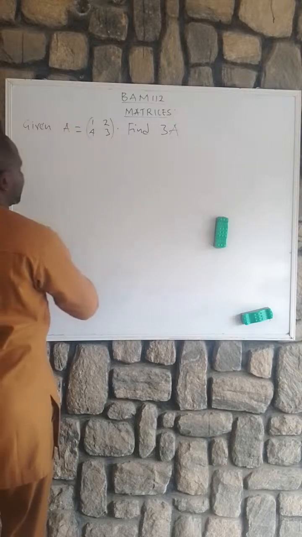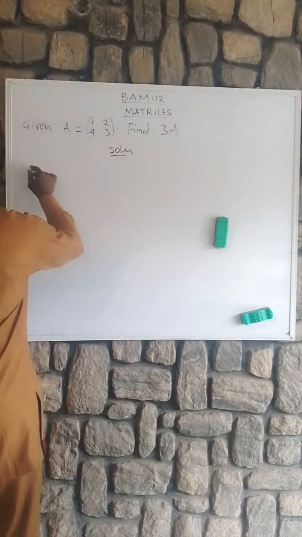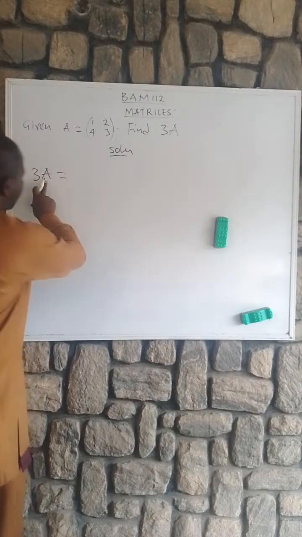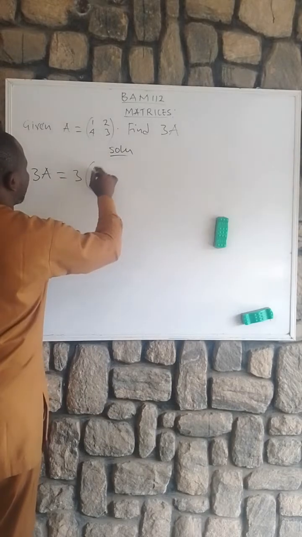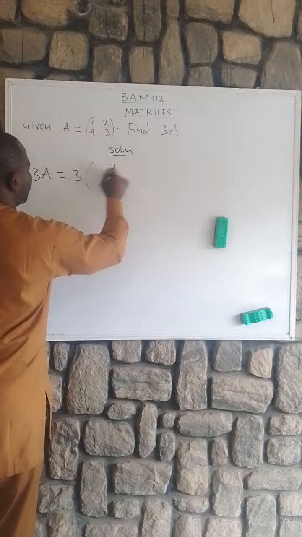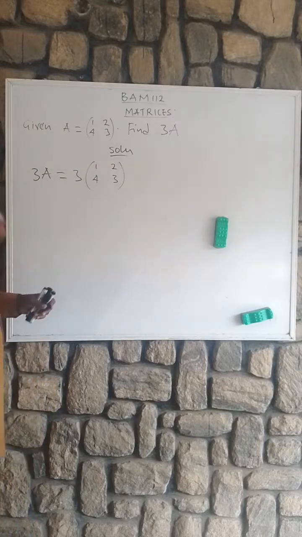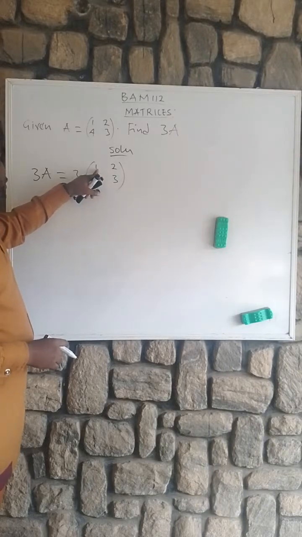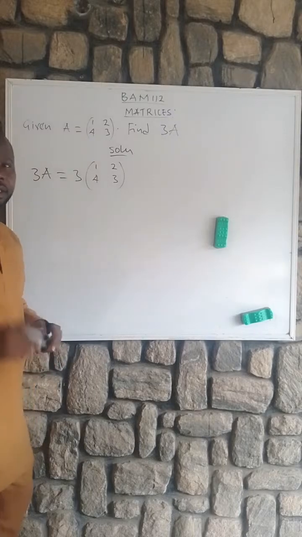Okay, yeah. So let's consider this. Our solution. Our 3A is equals to, it means your A is this matrix. So 3 times the matrix 1, 2, 4, 3. So what you need to do here is use this 3 to multiply this one, this, and this. Is that clear?